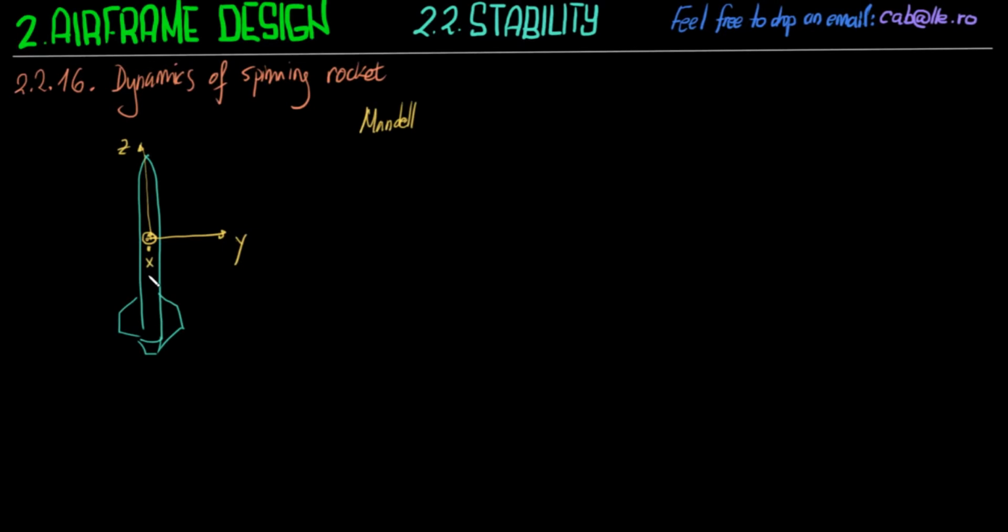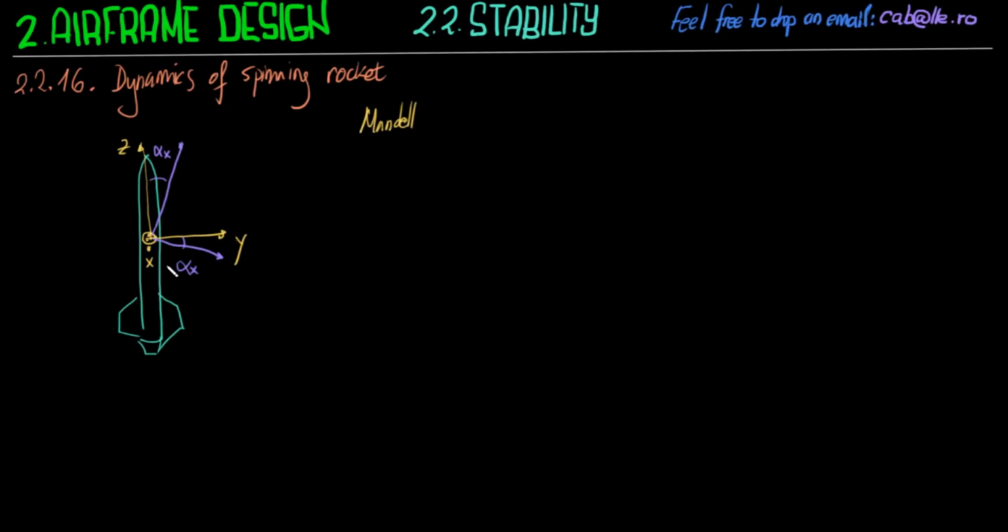While the rocket is shooting up, X and Y are always going to be in this plane, and Z. So if the rocket slightly tilts, this would be tilting in the X axis, while we have an angle of attack in the X axis.